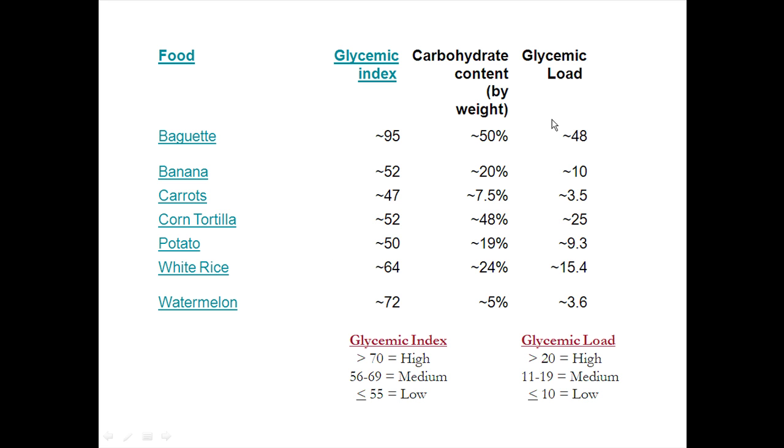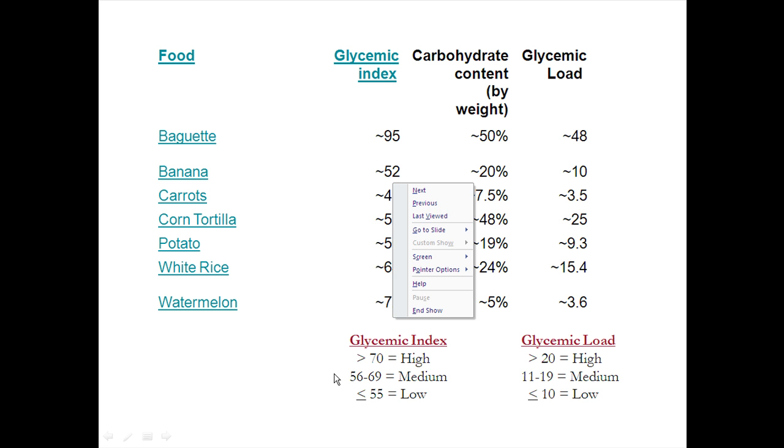So you can look at the glycemic index and glycemic load of foods. One of the surprising ones, especially baked potatoes, has a kind of high glycemic index, but also a kind of low glycemic load, I guess.